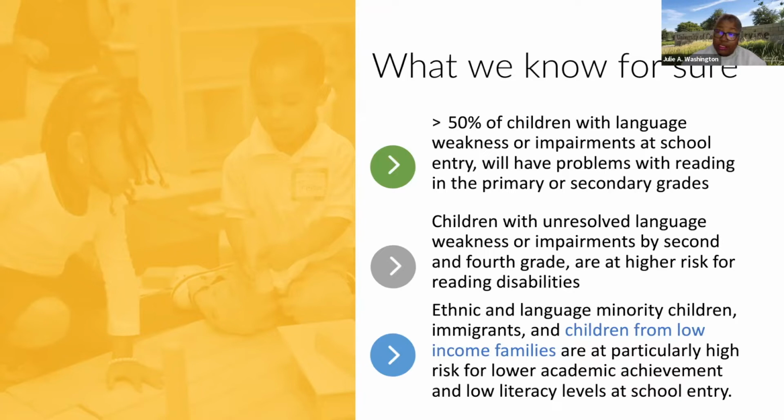And we know that this has been the case and is particularly true among our children who come from language minority backgrounds. Many immigrants, especially immigrants, refugees, and children from low-income families are particularly at high risk for lower academic achievement and low literacy levels. And for those of you who work with families growing up in poverty or who come from different linguistic backgrounds, you know that sometimes we're also dealing with low literacy levels of parents.